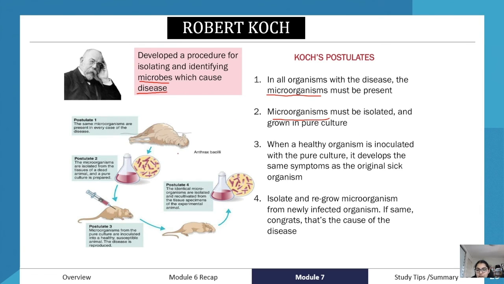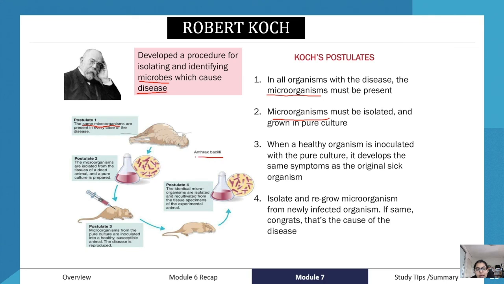So if I've got postulate 1, I'm trying to prove the same microorganisms are present in every case of the disease. If the symptoms are the same, more than likely there are going to be the same microorganisms infecting these organisms.